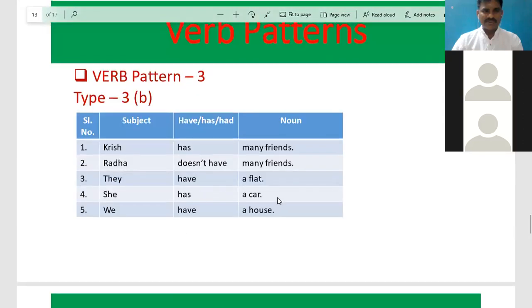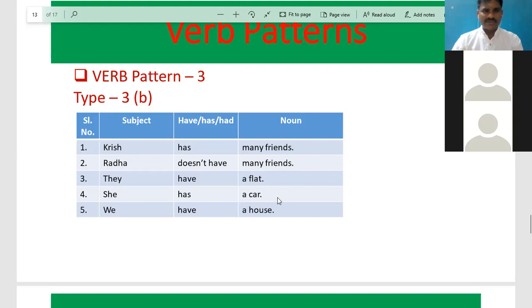We have to say some examples. Krishika, in this pattern, say one example. I have a mother. Right. Next, Ramya Sri. You can use different subjects, not always I. Ramya Sri, say one example.